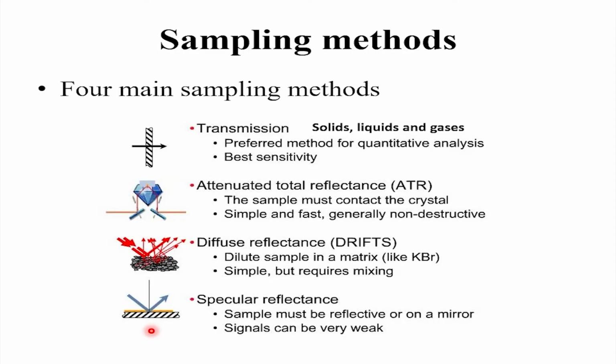Now, what if you have a powder sample? We cannot just sprinkle the powder in the beam path and get the FTIR spectrum. So we normally mix potassium bromide with the powder and make a pellet. This pellet can be placed in the beam path and we can measure FTIR in transmission mode itself.